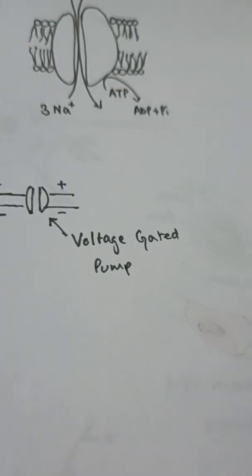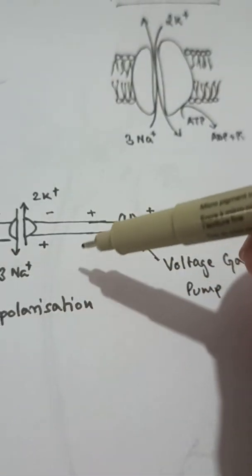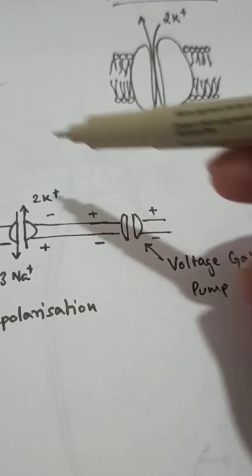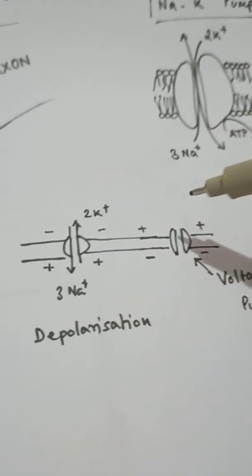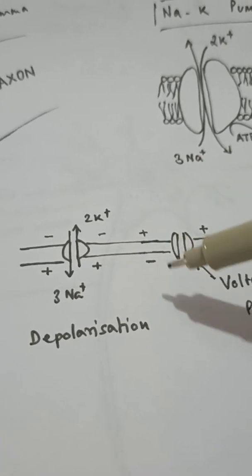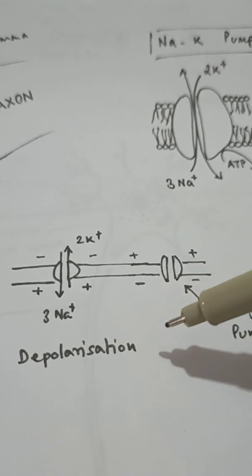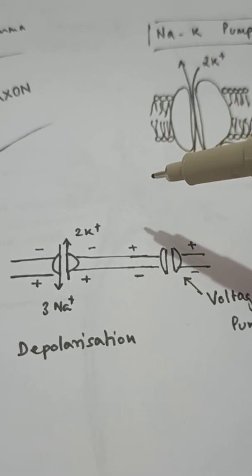The voltage gated pump means the moment it sees this altering of the charges on the other surface, this creation of the action potential will induce this particular protein to go for this exchange of the charges.